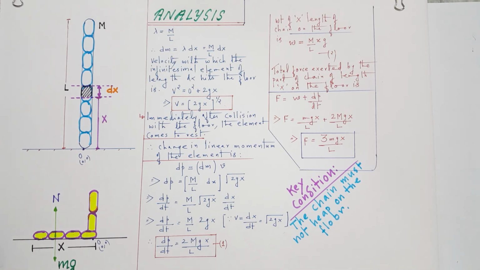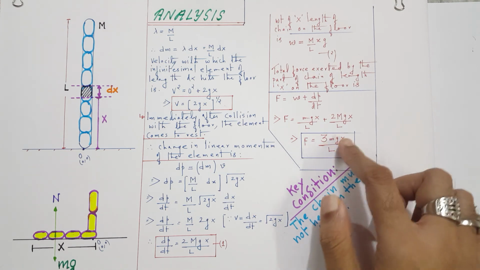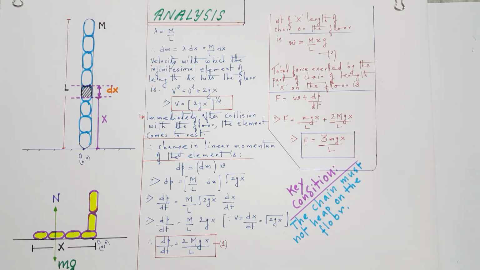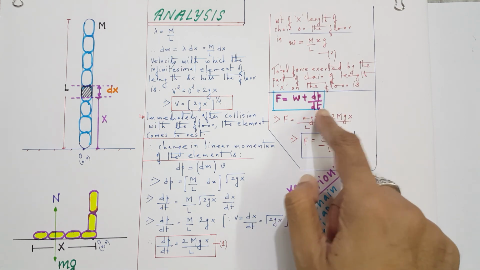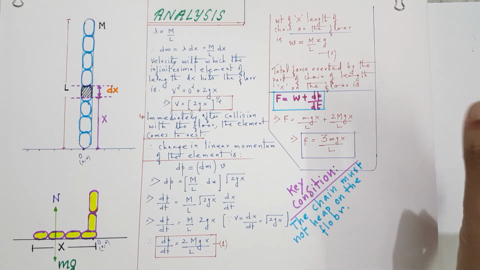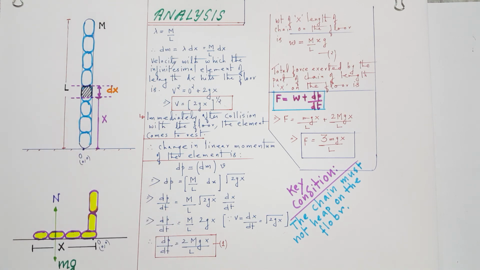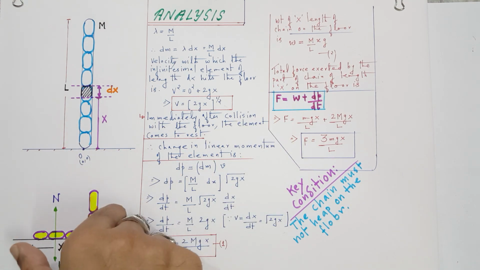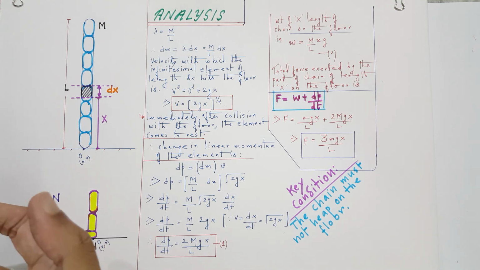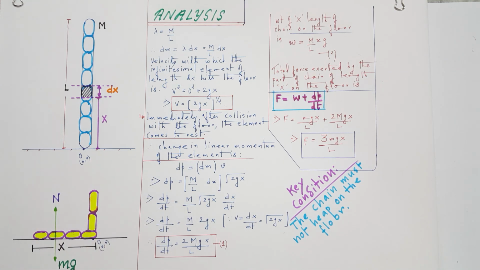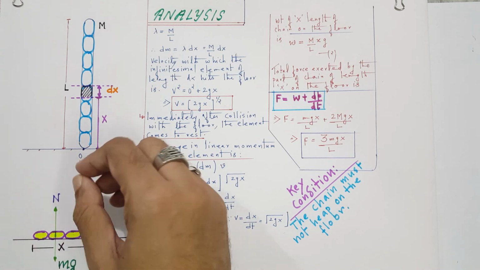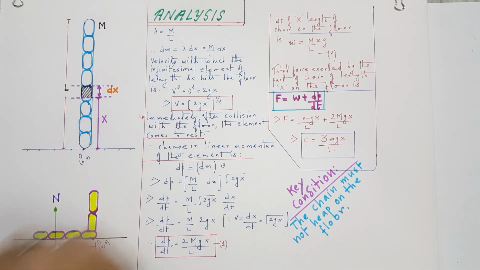Under this assumption, the force that the chain has exerted on the floor is 3Mgx by L, and this relation is a very, very important relation. So the total force exerted by the chain on the floor is due to the weight of the part which is on the floor, and the rate of change of linear momentum of that particular part when it hits the floor.